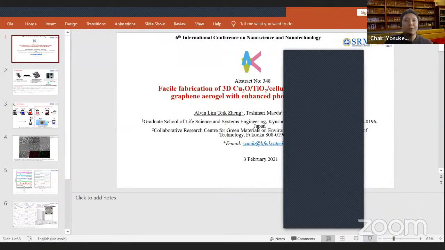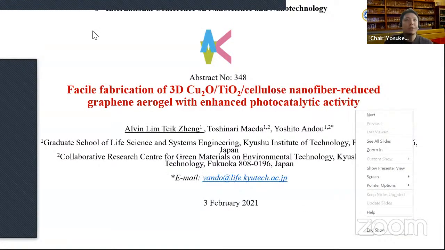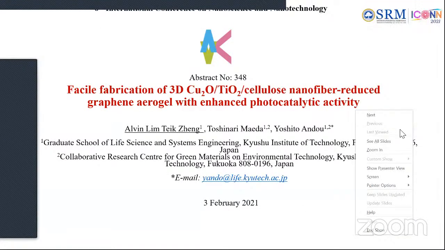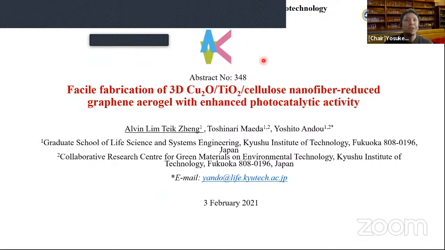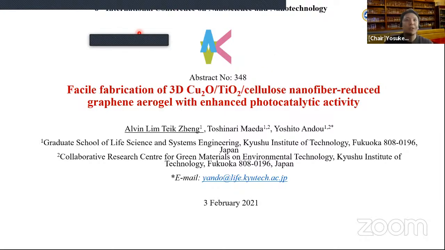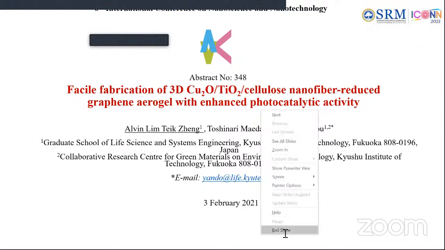Maybe you should put the Zoom window on your PowerPoint. Can my presentation be seen? Almost. Some window is overlapping on your screen.